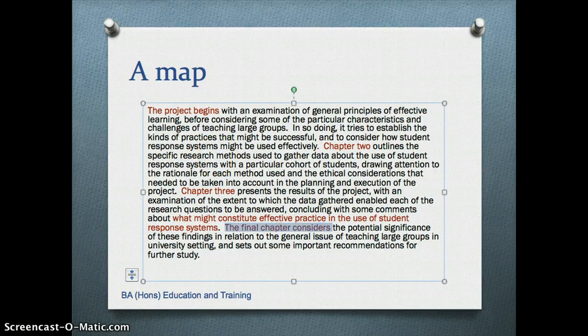So it's going back to that general issue of teaching large groups in university and making some recommendations about further study based on what has been learned as part of this particular project. So that map gives the reader a really clear overview of what's going on in this project and how it's going to be unpacked through the various chapters that have been included in the project.